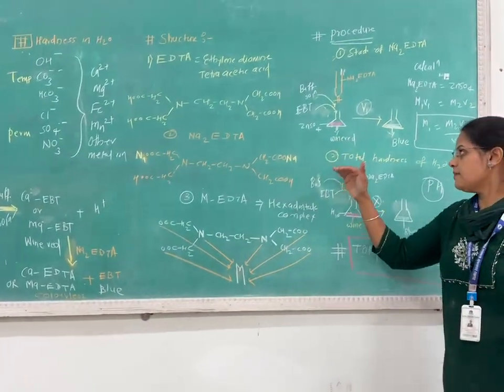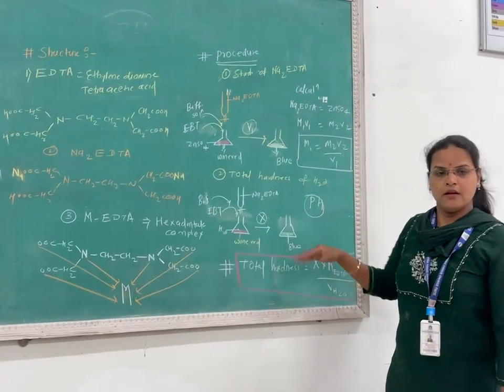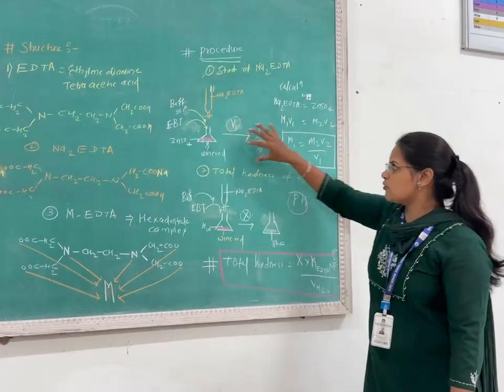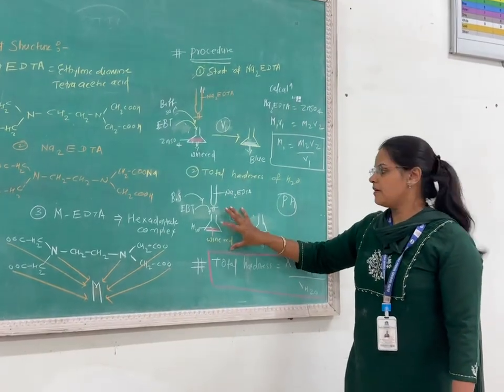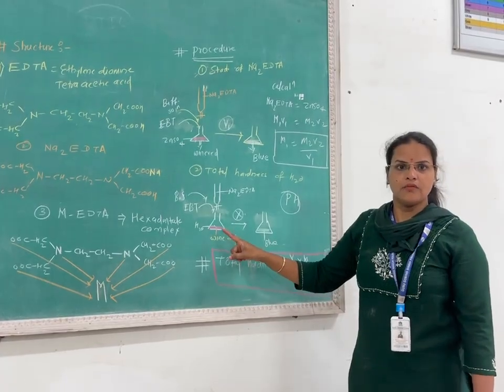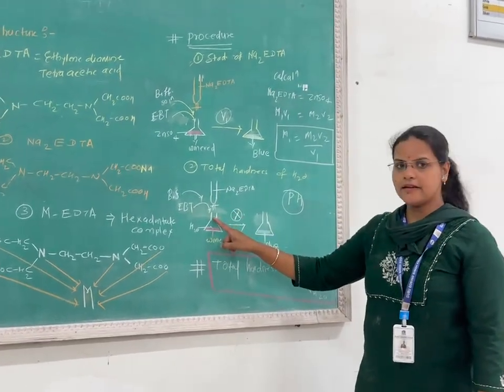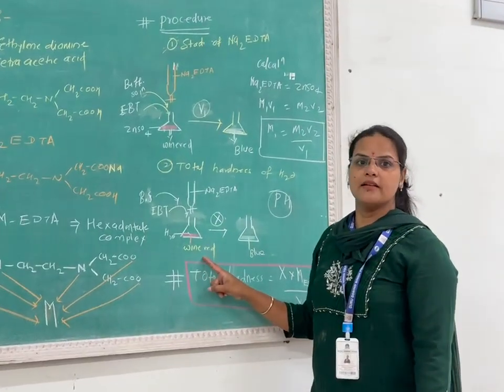Let's see the second step. We have to find the total hardness present in the water. We have to repeat the procedure. But in this step, inside the conical flask, take a water sample of known amount, add EBT indicator, add buffer solution. So there is a formation of wine red color complex.